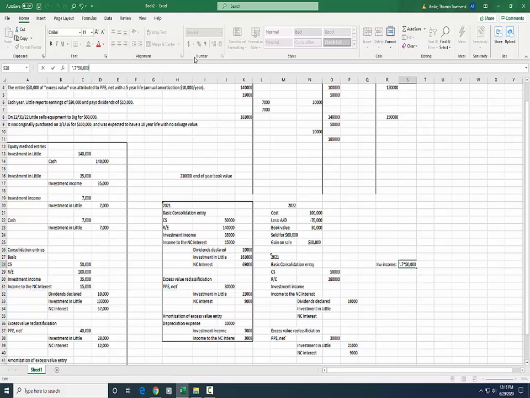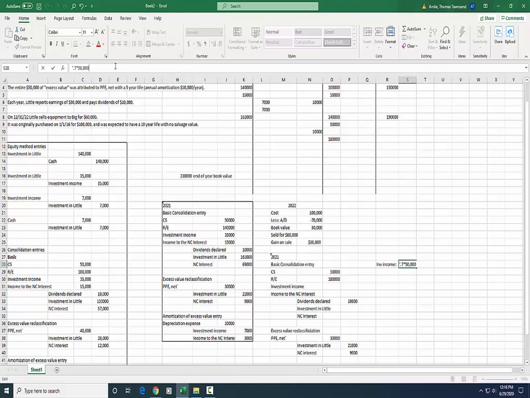If this was downstream, and again, downstream means the parent sold to the subsidiary, then that means that the parent bore 100% of that unrealized gain. Basically, if it was downstream, the entire $30,000 gain is on the parent's income statement, and so we have to correct the parent's income statement for the full $30,000. If it's upstream, as it is here, then only 70% in this case of that unrealized gain is on the parent's income statement, and so we have to take away 70% of that unrealized gain.